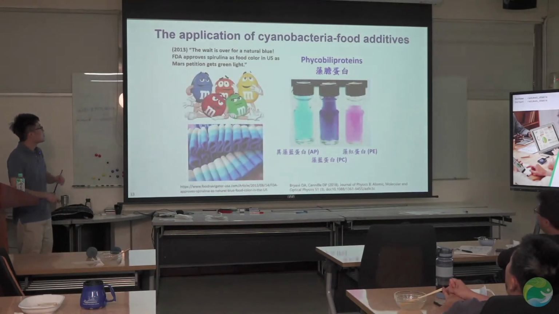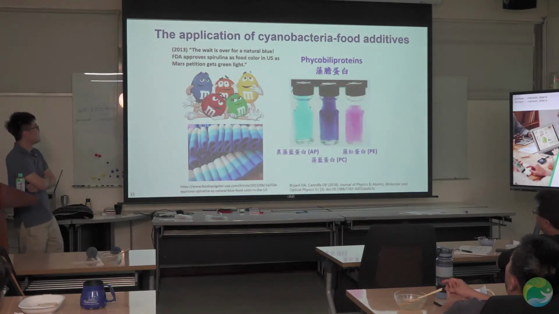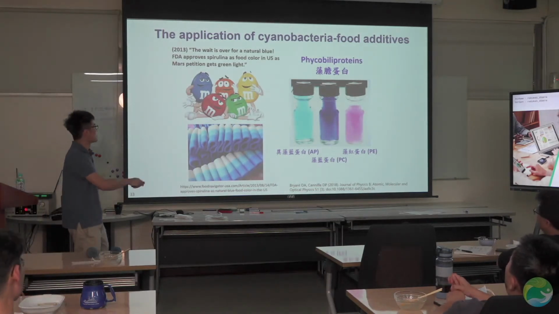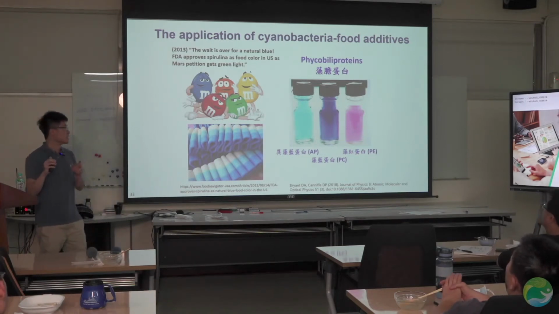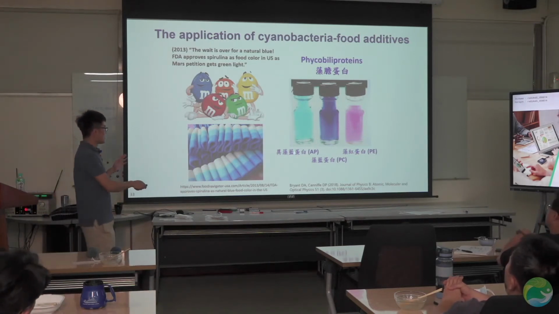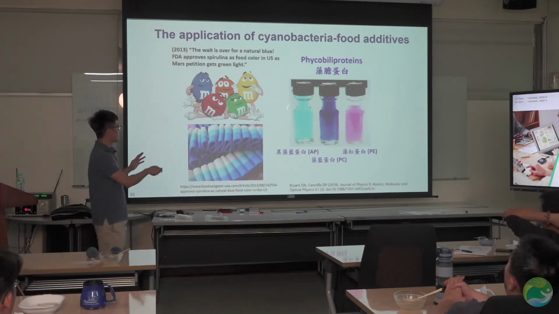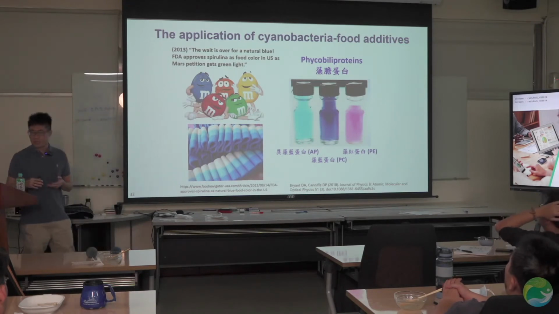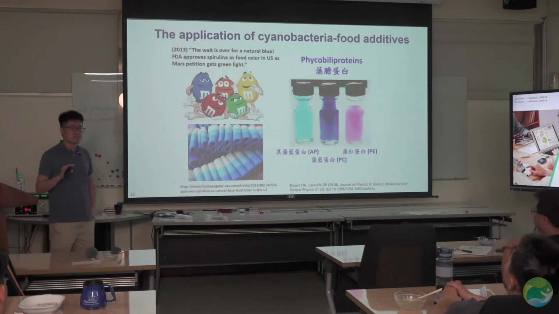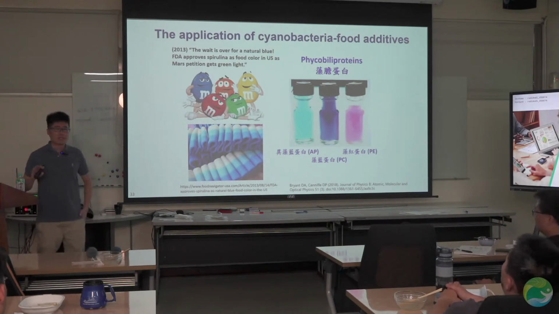And what's the other application for cyanobacteria? I have introduced the phycobilin proteins, the proteins that make the phycobilisomes. They have different colors: green, cyan, blue, dark blue, and pink. So what can we use them for? It's very difficult to find natural colors of blue.